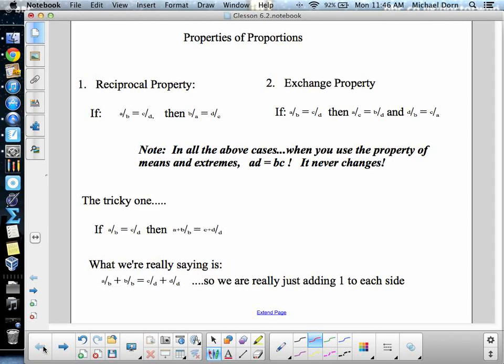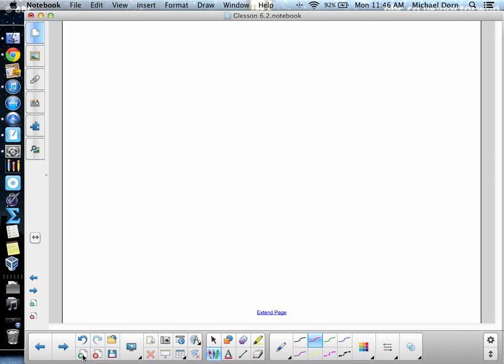All right, that's the one that gets a little tricky, and let me expand on that idea a little bit. It's A over B equals C over D. What we're going to do essentially is add 1 to each one of those ratios. So if that's true, then A over B plus 1 equals C over D plus 1, right? Because I can add 1 to both sides of an equation, it's still true.